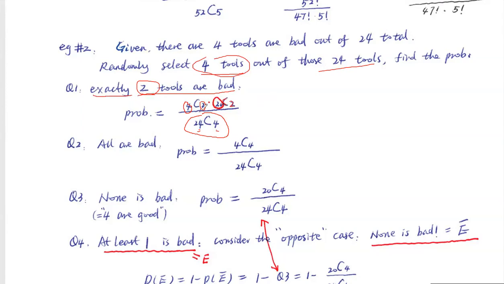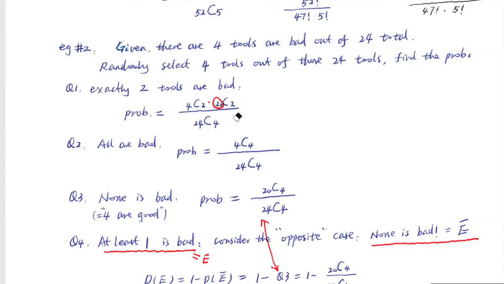In other words, the other 2 tools we are selecting should be good ones. So we have C(20,2), selecting 2 tools out of a total 20 good ones. Follow me. That's the formula, the answer we are getting.